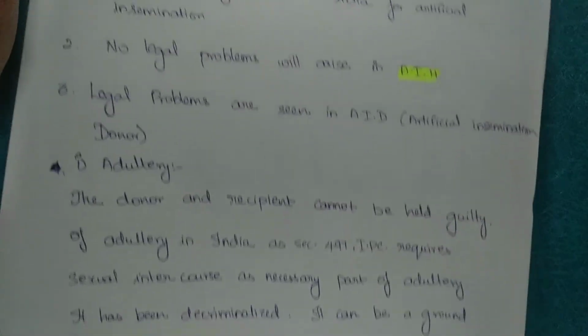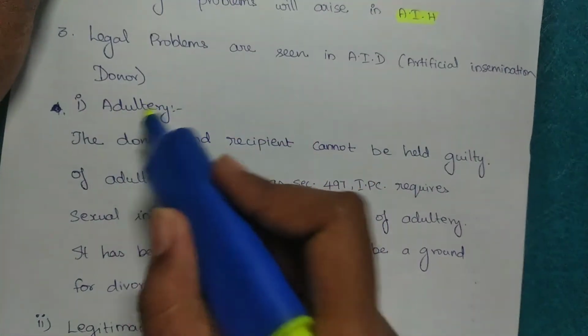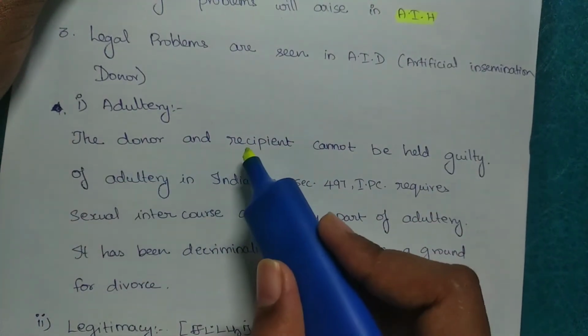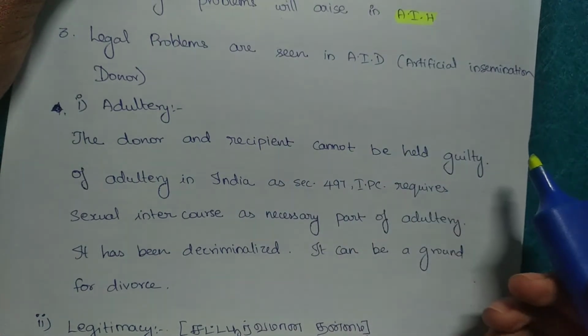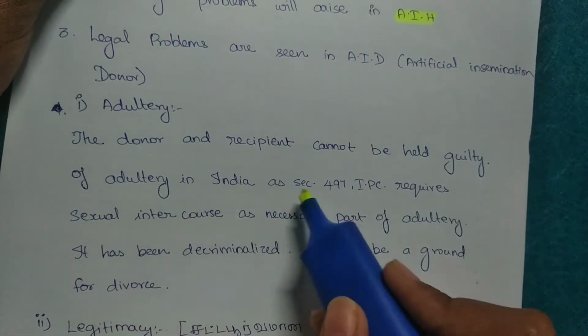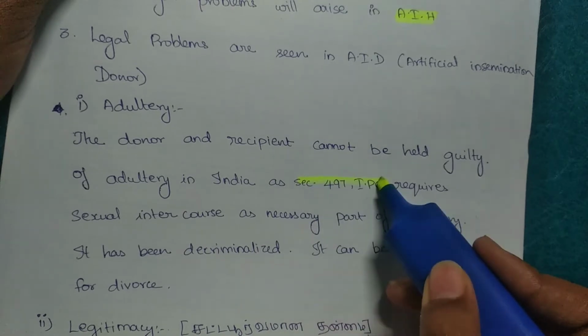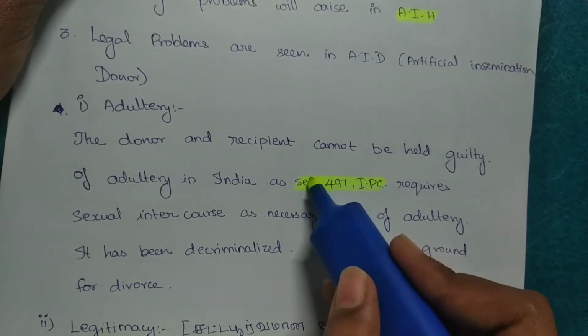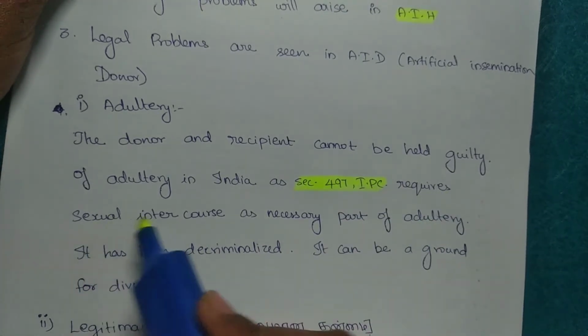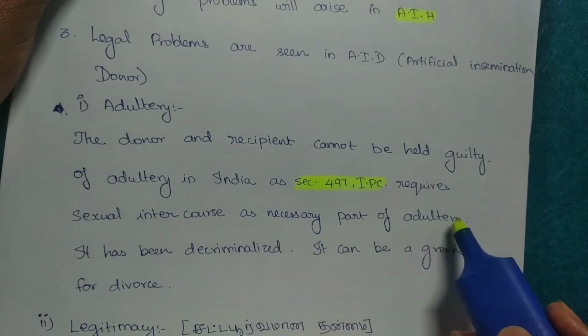The legal problems are, number one, adultery. The donor and the recipient cannot be held guilty of adultery in India as per Section 497 IPC, because this section requires sexual intercourse as a necessary part of adultery.